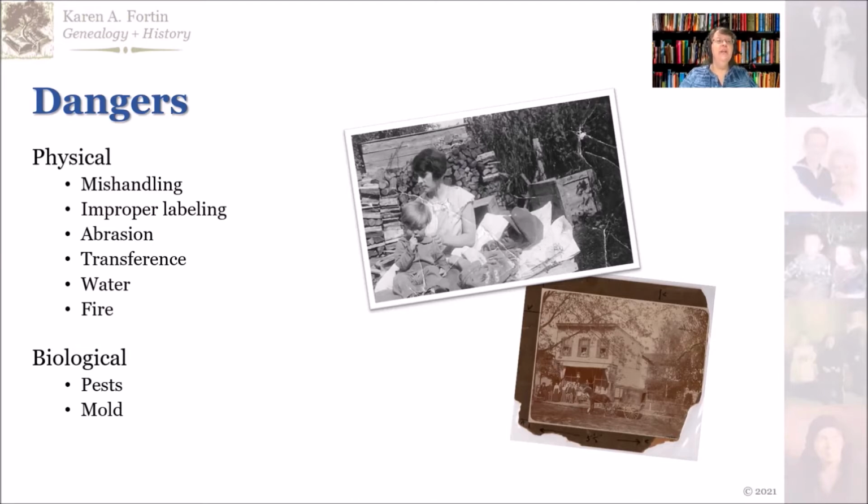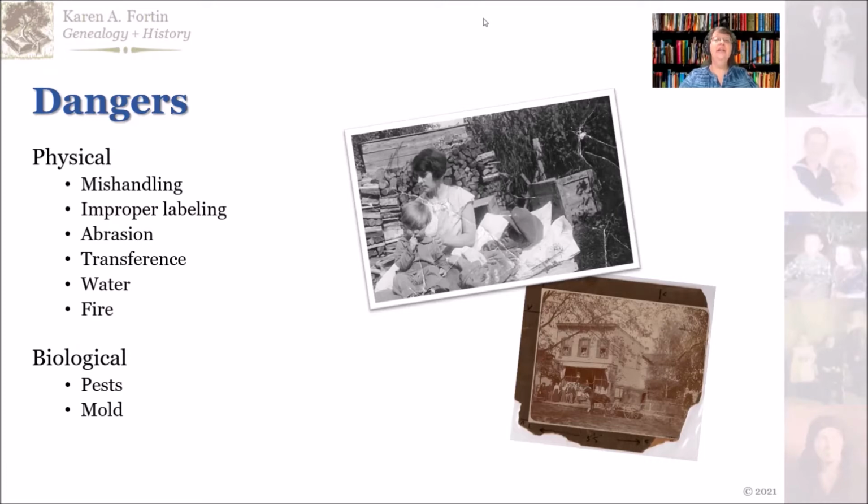Another possible danger is improper labeling, and I'll be talking more about that a little bit later in this presentation. There's also the possibility of abrasion. This is scratches on the surface of the photograph. Transference can happen if there is something pressing up against the surface of a photograph, such as the back of another photograph or a sheet in a photo album.